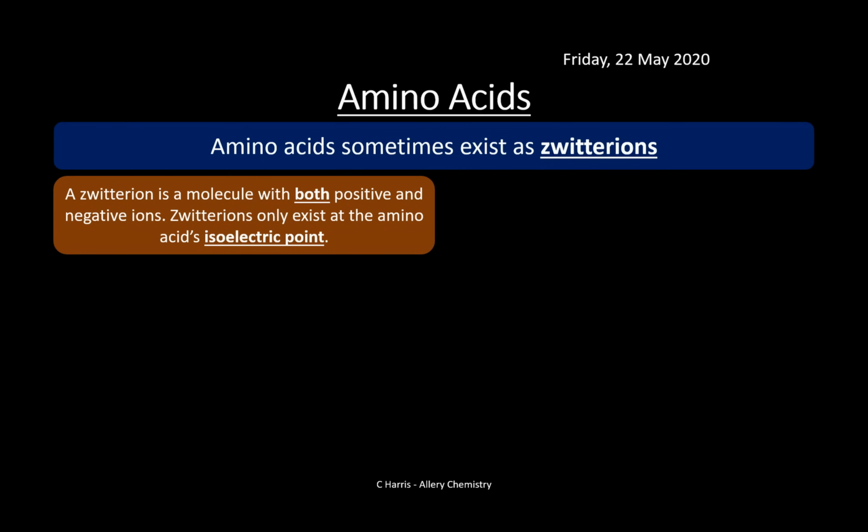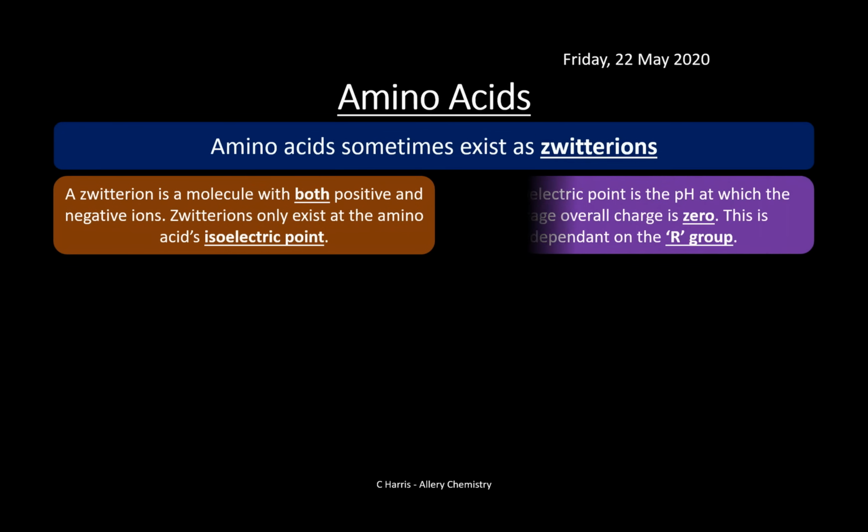So Zwitterions only exist at the amino acid's isoelectric point. Zwitterion actually means double ion, so 2 ions. It comes from the German, like a lot of the names you'll see in chemistry. So Zwitterion just means 2 ions. If you study German, you'll be familiar with that.